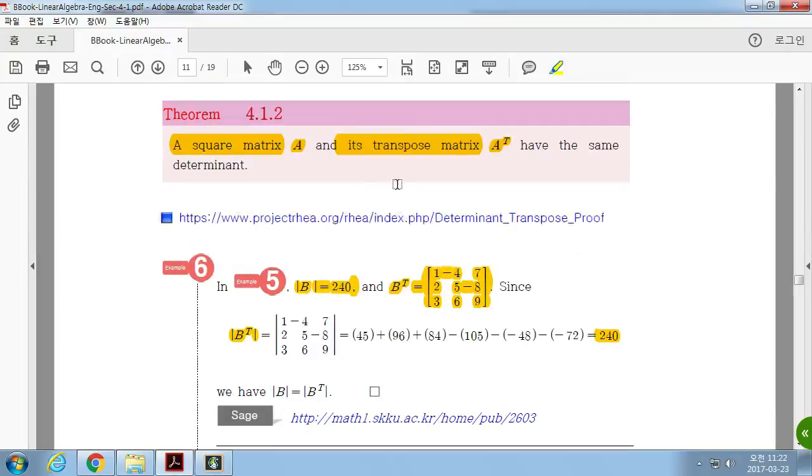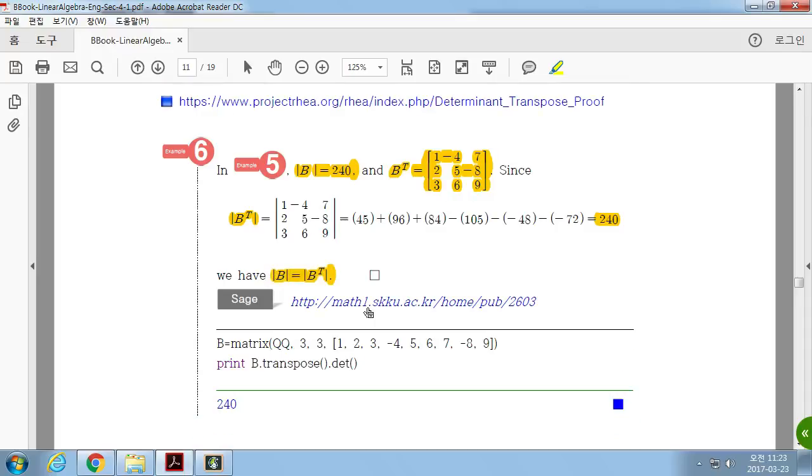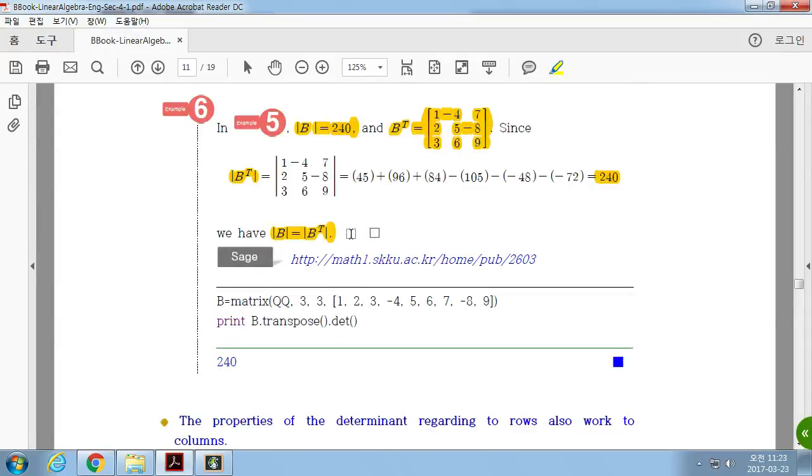The proof of this comes from the definition. When you have a transpose, the inversions occur evenly, so the number of inversions for every permutation is the same, and the sign basically does not change. So the determinant values are always the same.